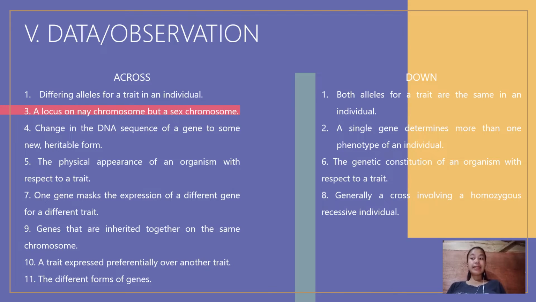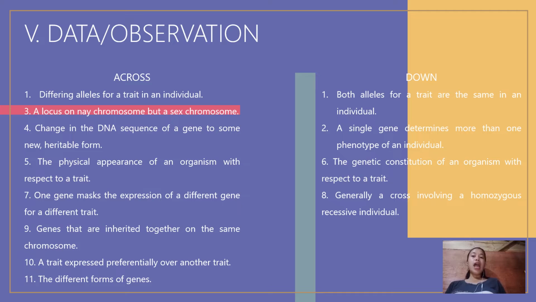The answer is mutation. Number 5, the physical appearance of an organism with respect to a trait. The answer is phenotype. Number 7, one gene masks the expression of a different gene for a different trait. It says that it is epistasis.